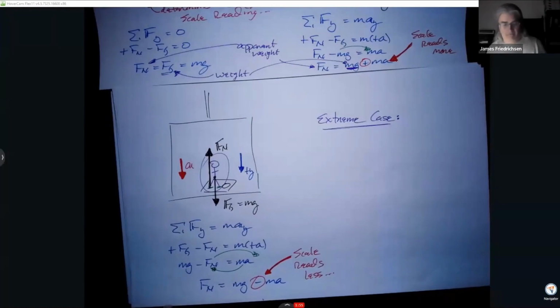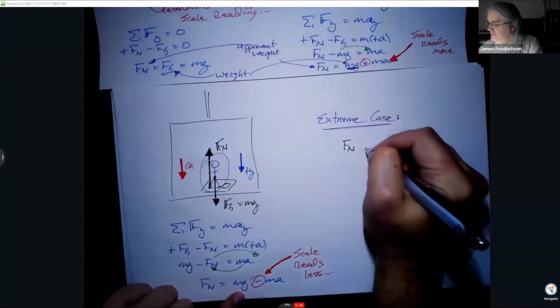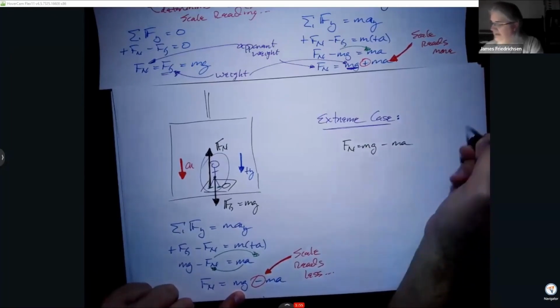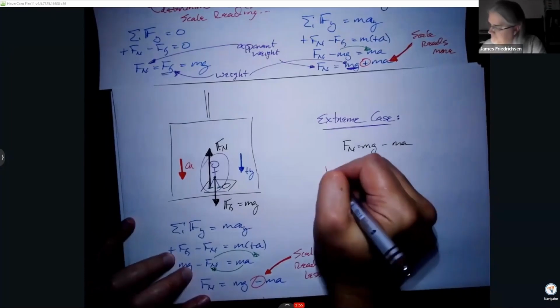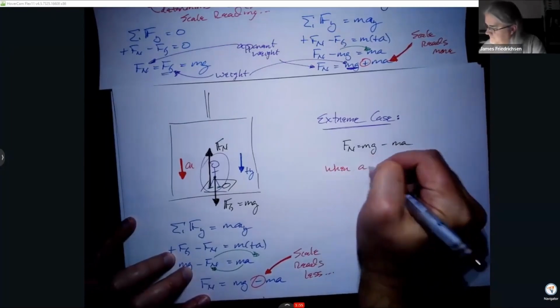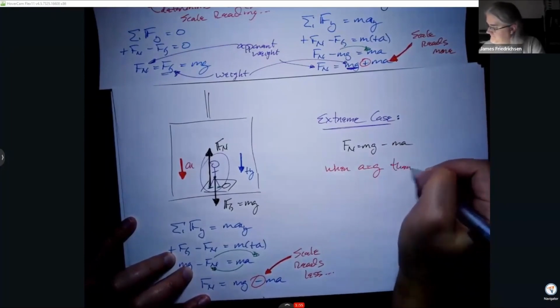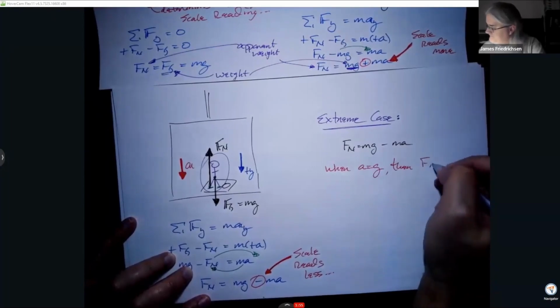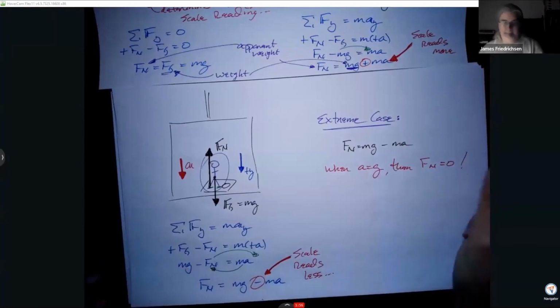Because if you start off with the fact that your normal force is equal to mg minus ma, because we're going to do this downward acceleration, then what you'll find is that when a is equal to g, so if a is g, then your normal force is 0.